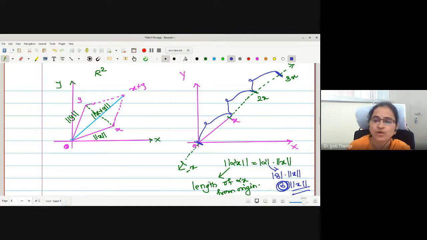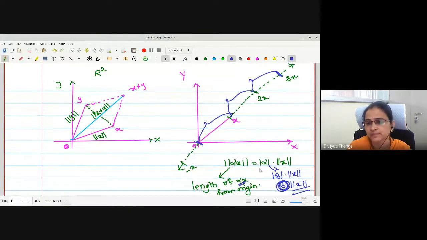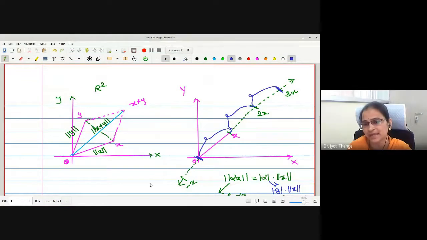Therefore, what the condition ensures is that the length of the vector 3x is 3 times the length of the vector x. Here I have shown this is once, twice and thrice.